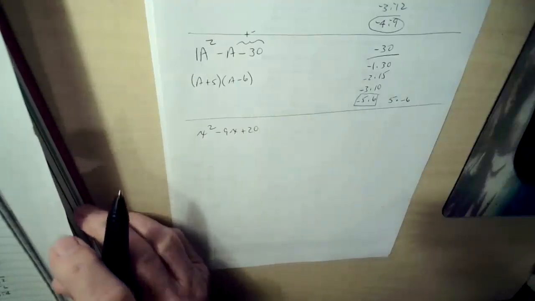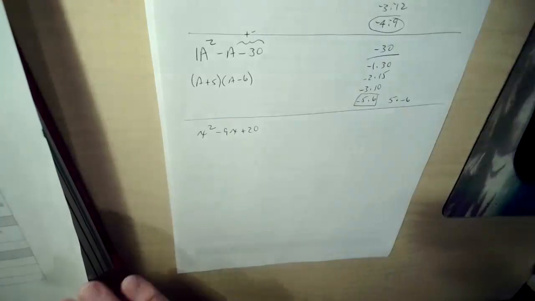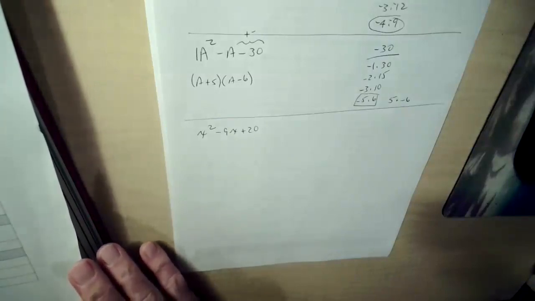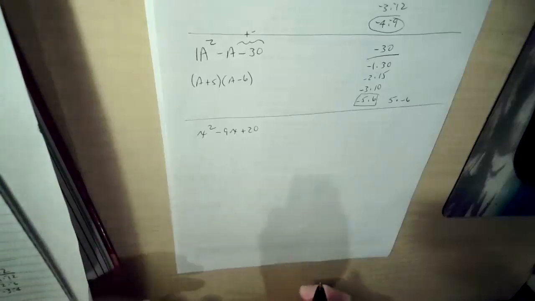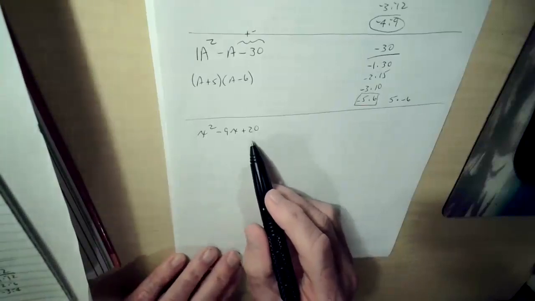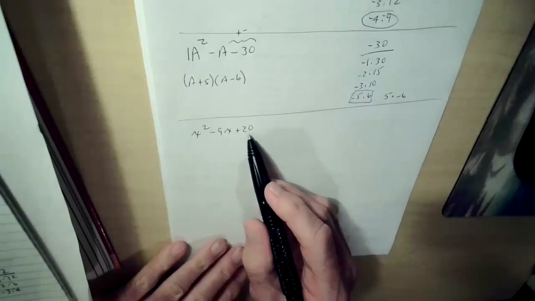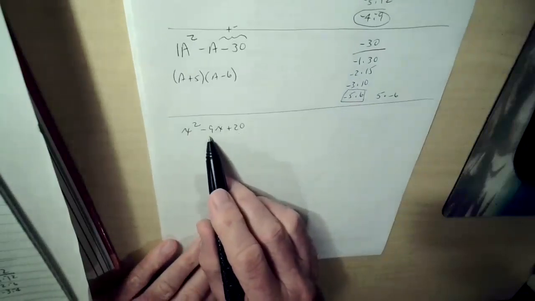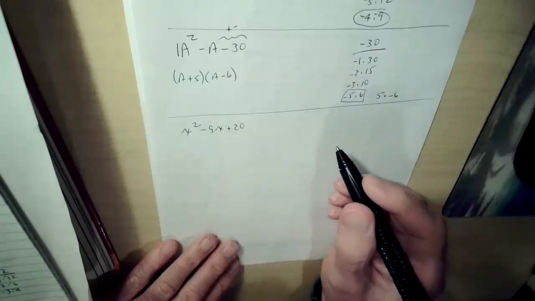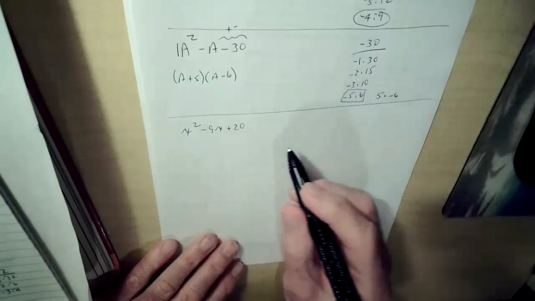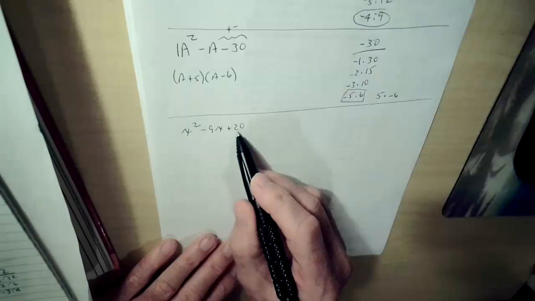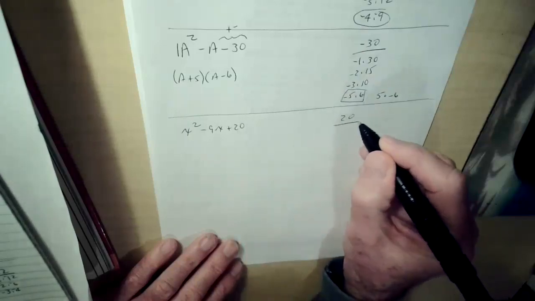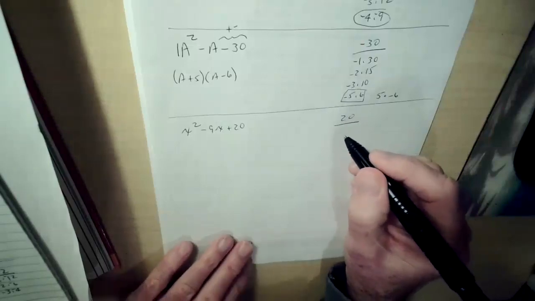Okay, how about this? If we have x squared minus 9x plus 20, okay? Again, here we want the factors of 20 combined together to give us negative 9.